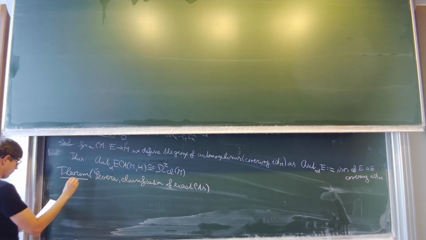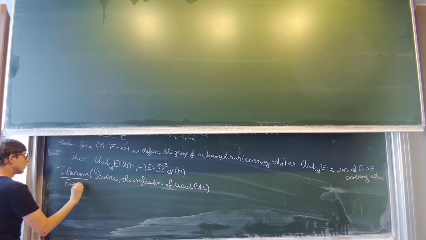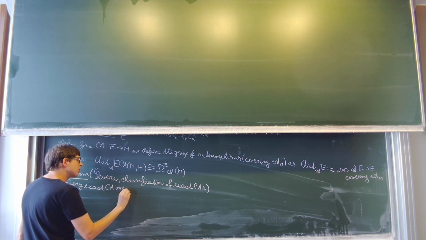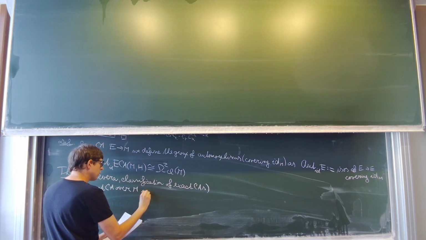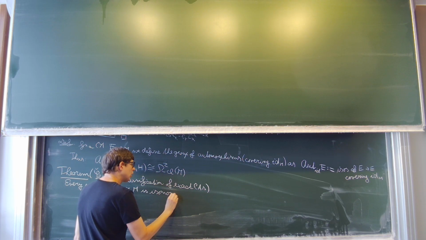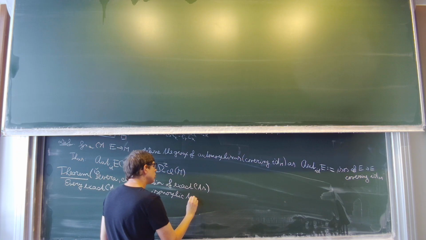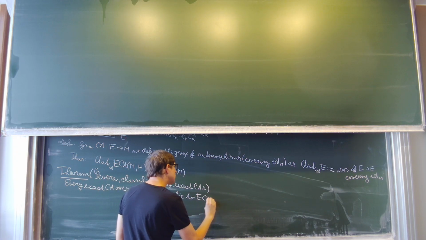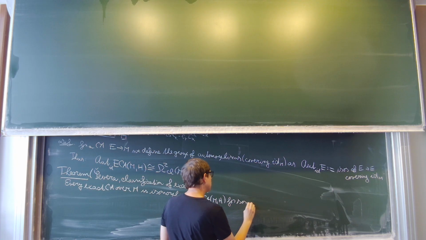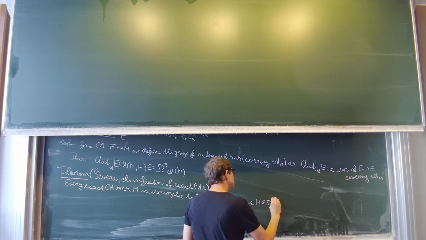And this thing says, first of all, every exact Courant algebroid over M is isomorphic to E_H for some H, a closed 3-form.